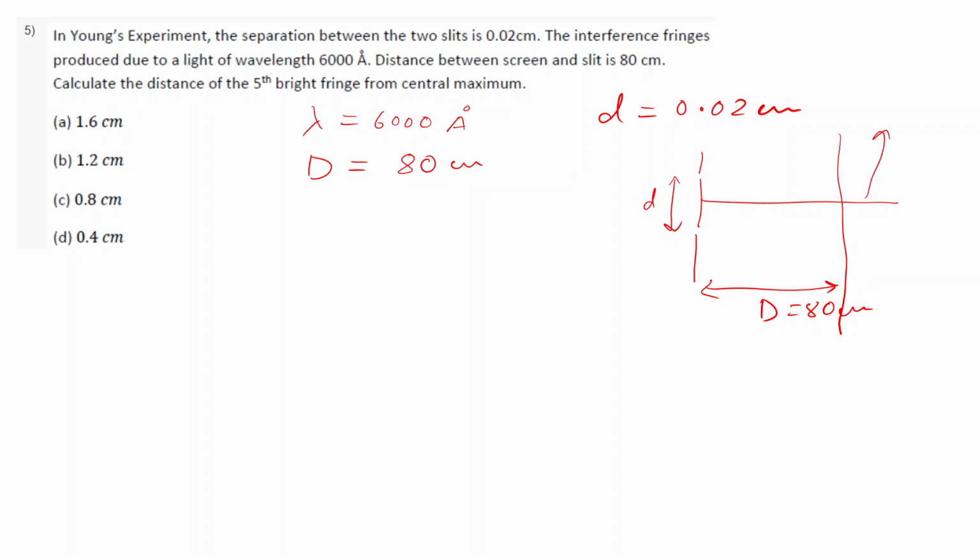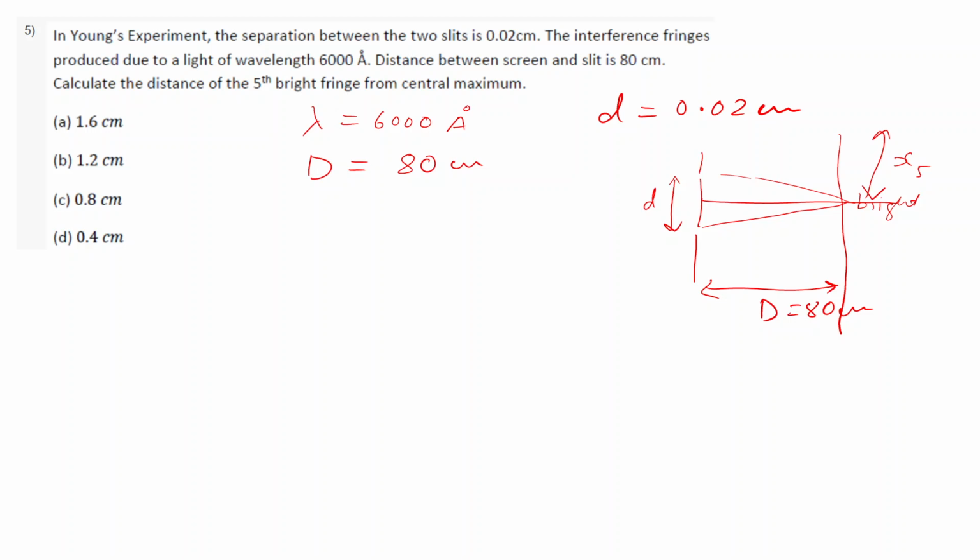From Young's double slit experiment, at the center we will be getting zero phase difference and we will be getting a bright fringe here. So from the central bright fringe, we have to find the distance of the fifth bright fringe.